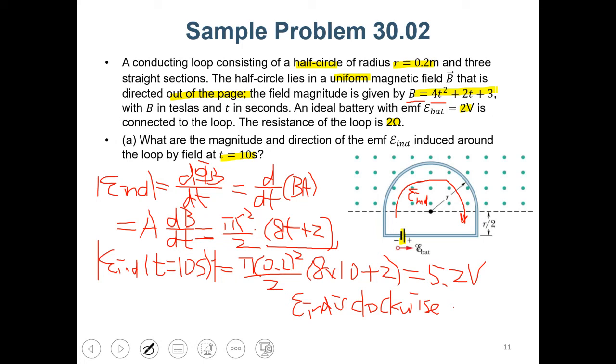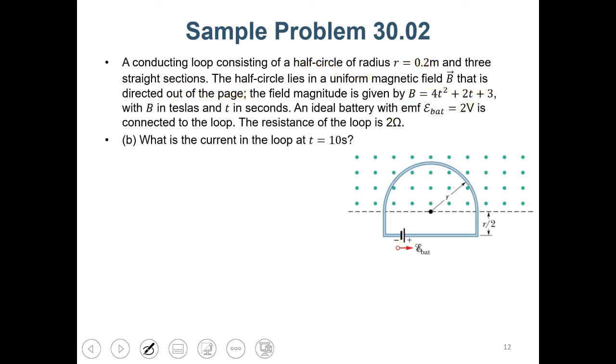Okay. So next, what is the current in the loop at t equals 10 seconds? As we know, we have EIND to be 5.2 volts, and this one is 2 volt. The loop is 2 ohm.